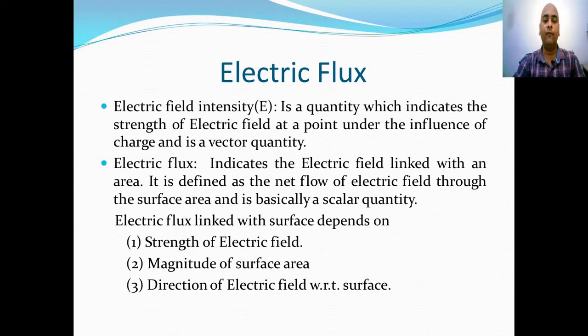However, electrical flux indicates the electrical field linked with an area. That is, electrical field intensity was defined for a point. However, electrical flux is defined for an area, and it is defined as the net electrical field crossing through some area.